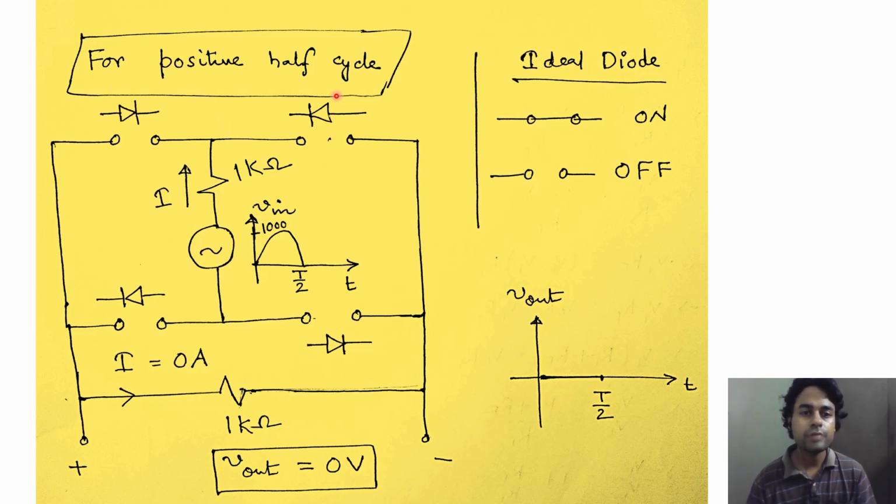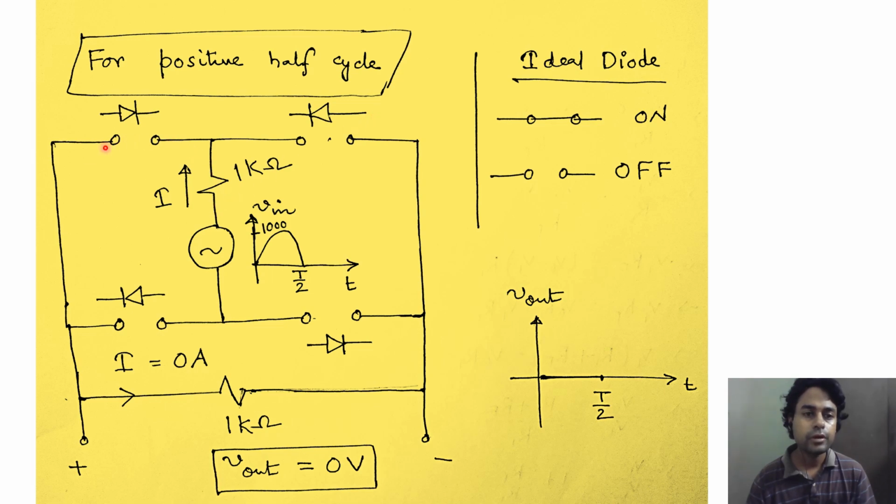So for the positive half cycle, the direction of current flow will be from bottom to top, and we find that both these diodes will oppose the flow of current, because we are trying to push current through the diode from cathode to anode, and the diode will block current flow if we try to do it like so.